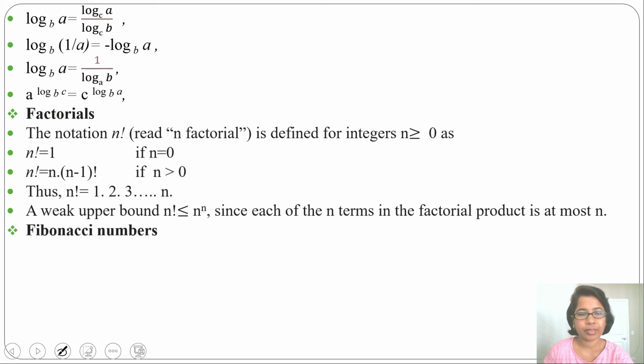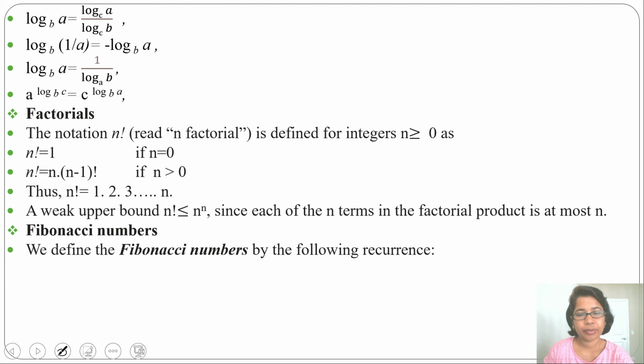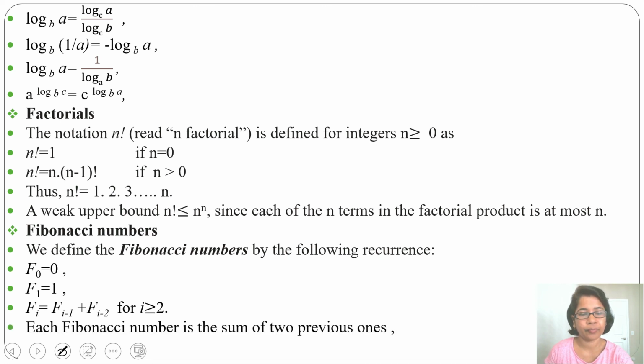Next is Fibonacci number. We define the Fibonacci number by the following recurrence. F of 0 equals 0, f of 1 equals 1, and f of i equals f of i minus 1 plus f of i minus 2 for i greater than or equal to 2. So each Fibonacci number is the sum of the two previous ones. F of 0 is 0 while f of 1 is 1.